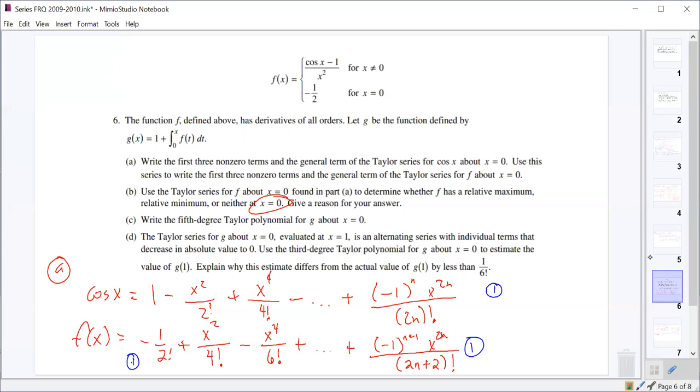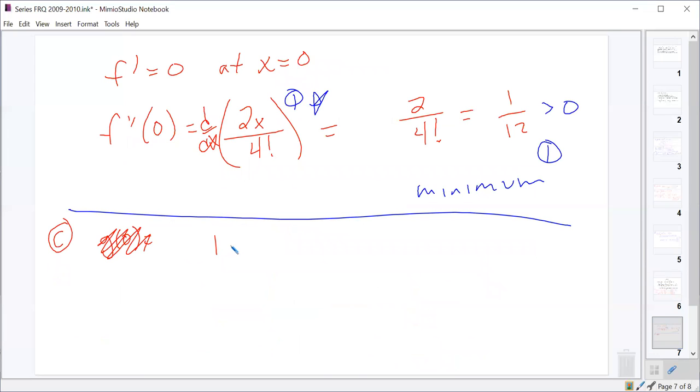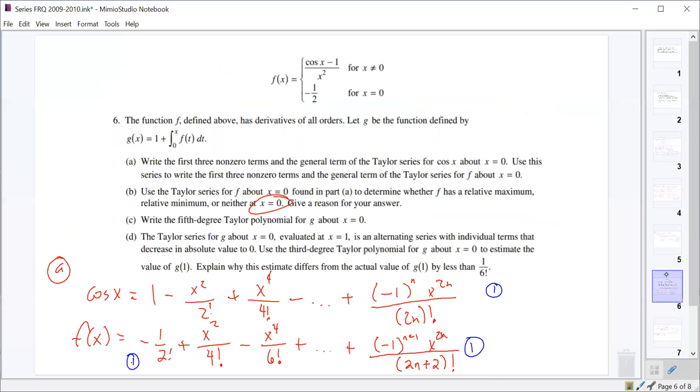What should we get as our first term? Our first term should just be 1. And then our second term, if we integrate our first term from before, should be minus x over 2. And our next term should be x cubed over 3 times 4 factorial.